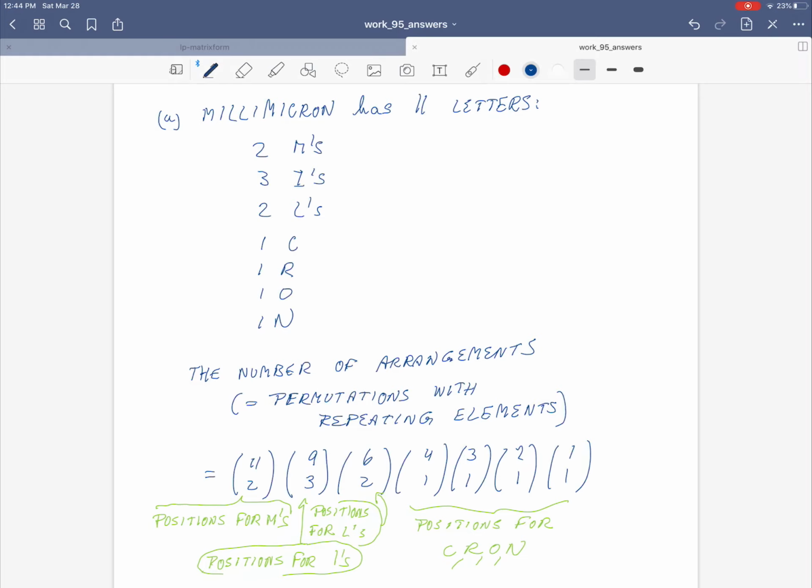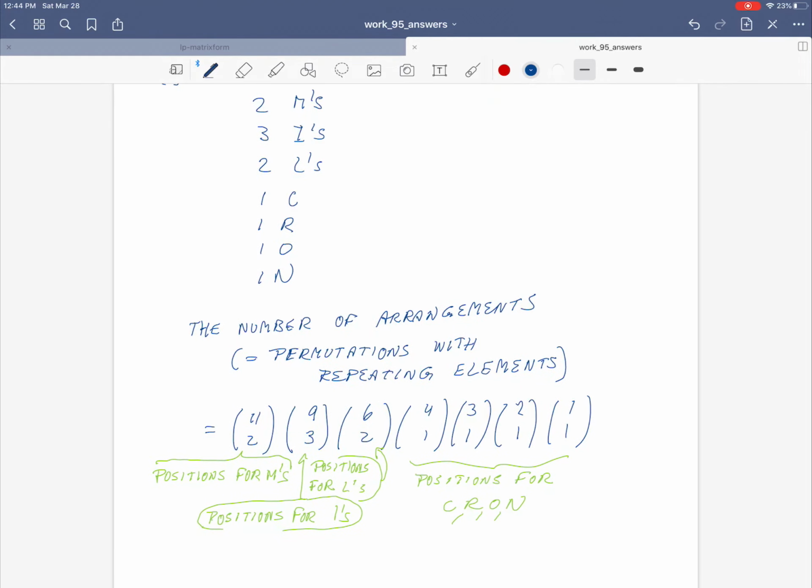We place R, that leaves us 2 options for positions of O, 2 choose 1, and that leaves us only 1 position for N, 1 choose 1. And the product of these binomial numbers is the answer. So the answer is, and again we can leave it in this unsimplified way, 11 choose 2, 9 choose 3, 6 choose 2, 4 choose 1, 3 choose 1, 2 choose 1, 1 choose 1.